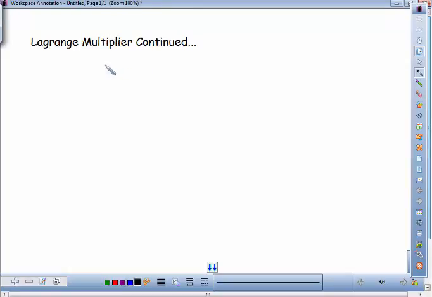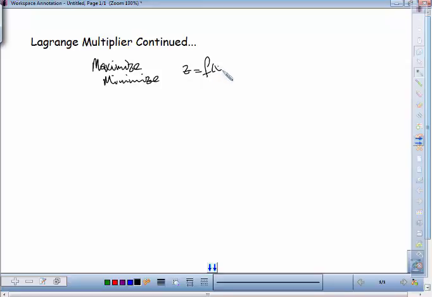With Lagrange multipliers, we're trying to maximize or minimize a function z equals f of x, y, subject to a constraint, and the constraint we ended up looking at as a function of x and y equal to a constant.